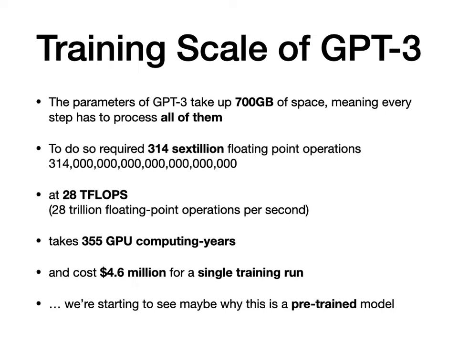So to process these 500 billion tokens with a network that has 175 billion weights, connections, parameters, that's 314 sextillion floating point operations.